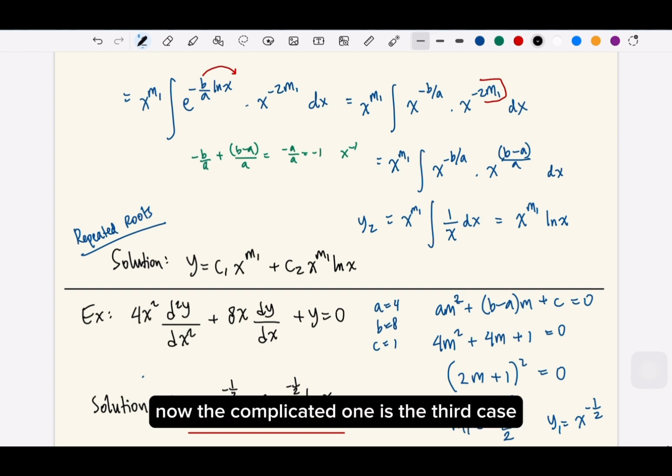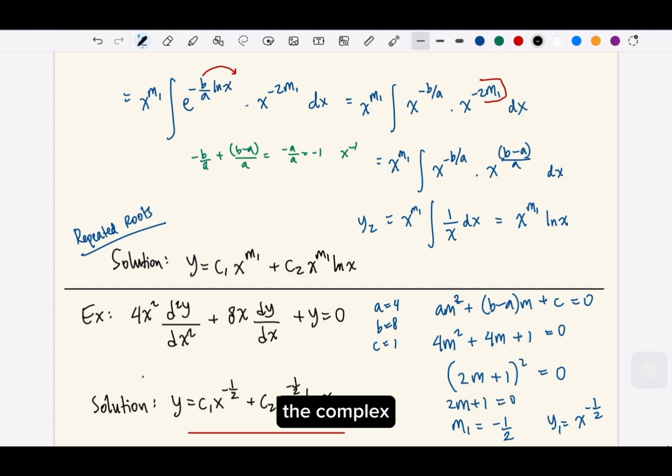Now the complicated one is the third case, in which we have the complex roots.